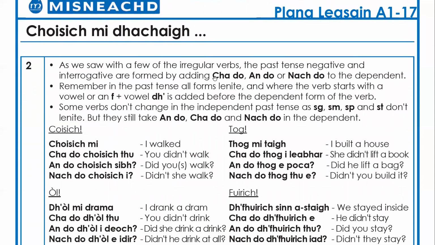So a few of the regular verbs did use these chado, ando, nachdo forms. Some of them it's just D apostrophe, some of them don't use them. So we've seen this pattern before, but with all regular verbs, ando, chado, nachdo, the dependent is still lenited.